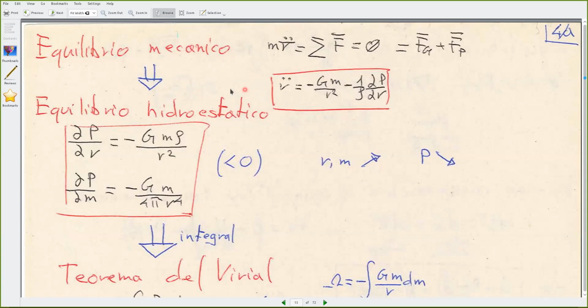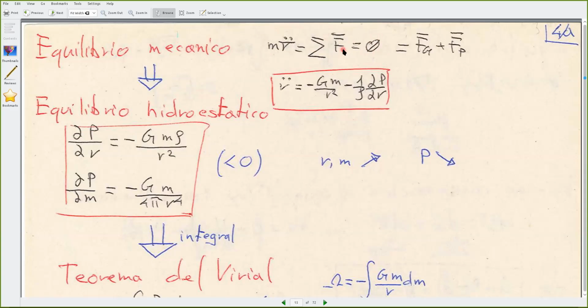We begin with the mechanical equilibrium, that is simply classical: the mass times the acceleration of a part of mass is equal to the sum of the forces, which has to be zero if you want to have an equilibrium.